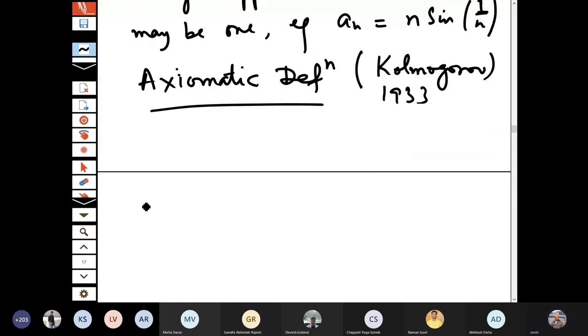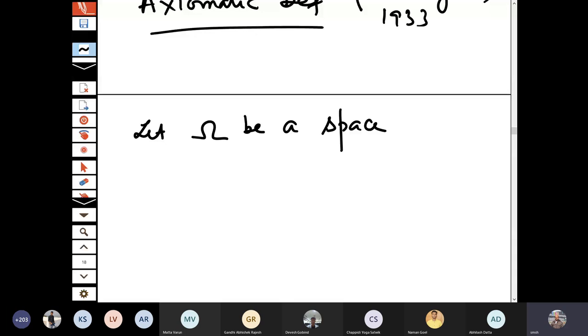So if I consider, let omega be a space. Space means a set, but I will call it a space because I am using the terminology sample space here, just for clarity. And we consider here, let B be a set of events.